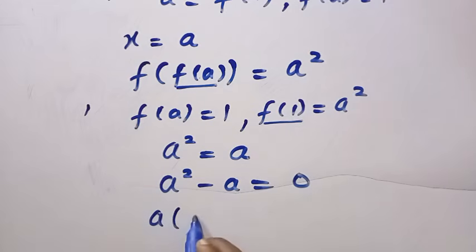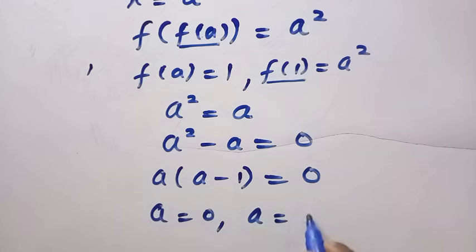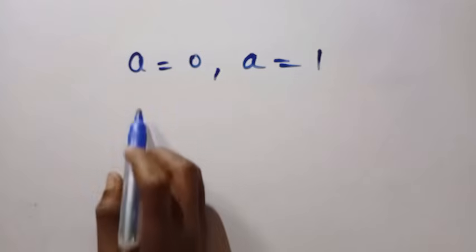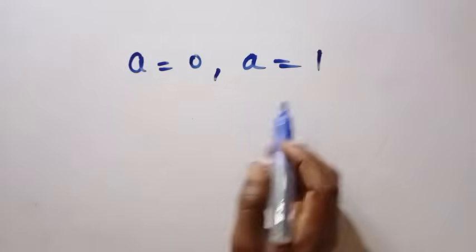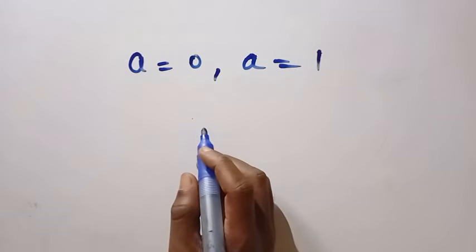Taking out a, we have a times a minus 1 equals 0. So therefore, there are two answers here: a equals 0, or a equals 1. So after getting these two points, a equals 0 and a equals 1, let's consider the next step.